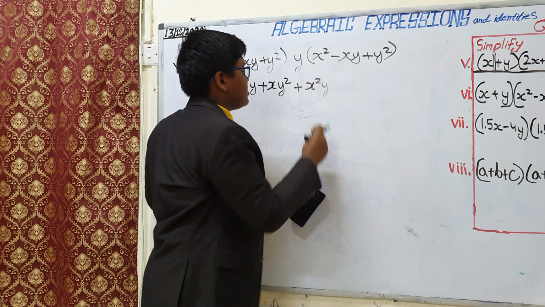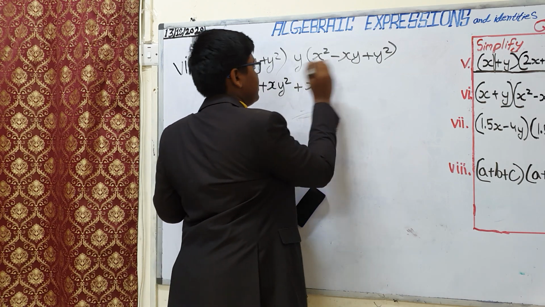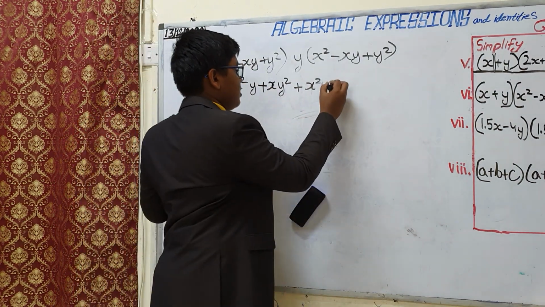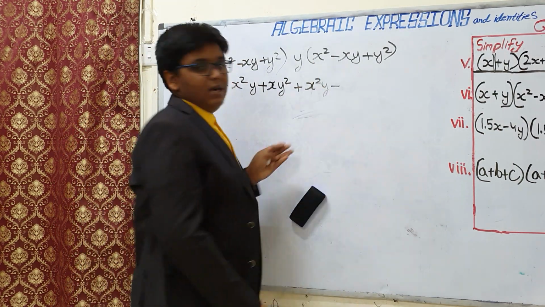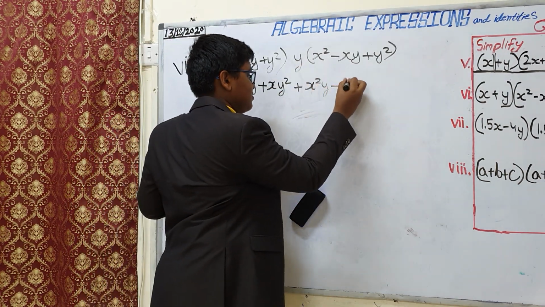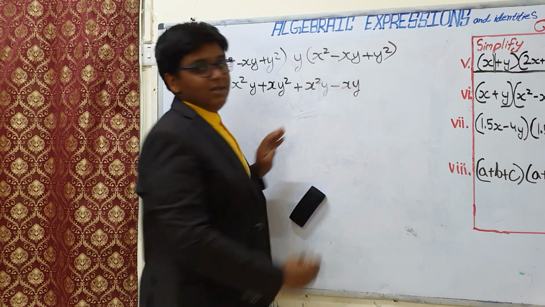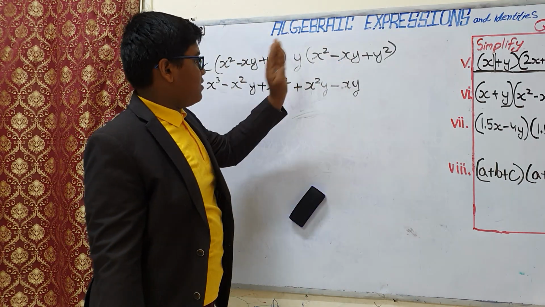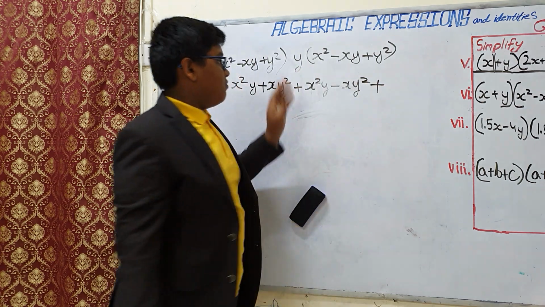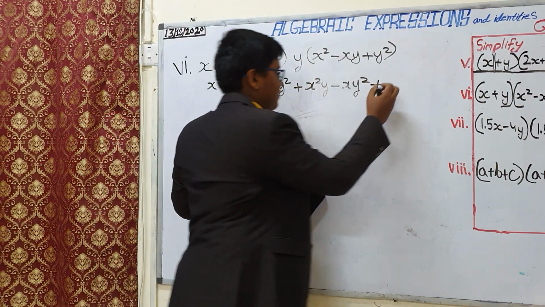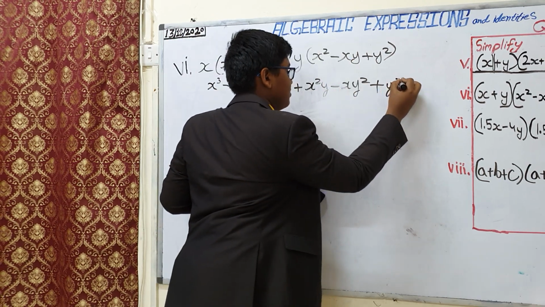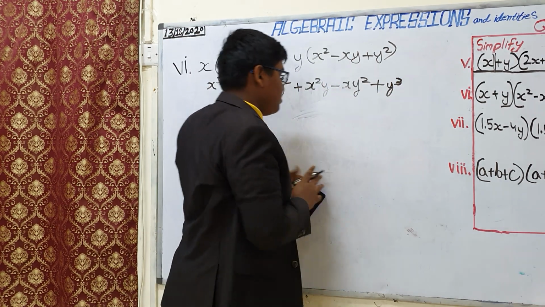Then y into minus xy: plus into minus equals negative sign, x into y equals xy, add the powers of y, 1 plus 1 equals 2. Then in the last, y into y squared equals y, add the powers, 1 plus 2 equals 3, so y cubed.